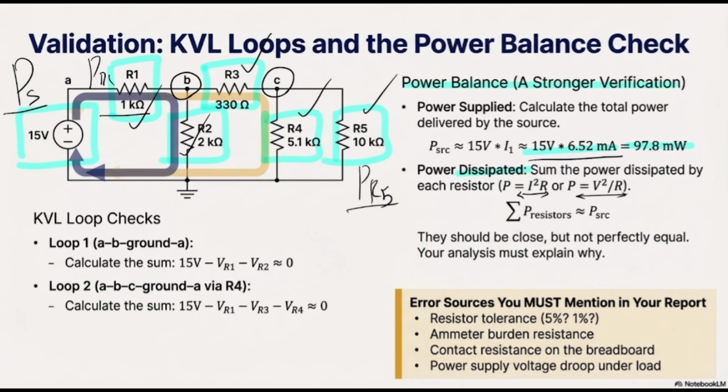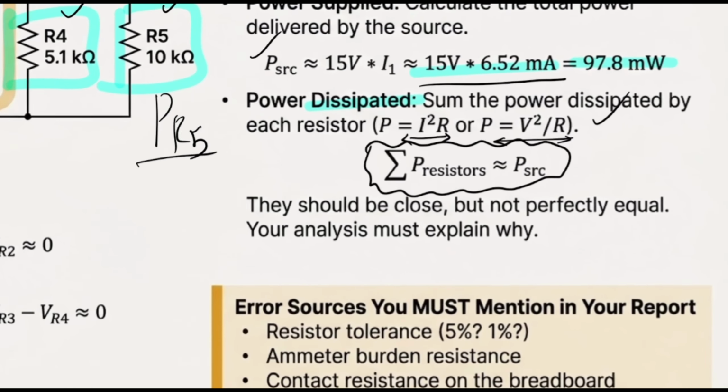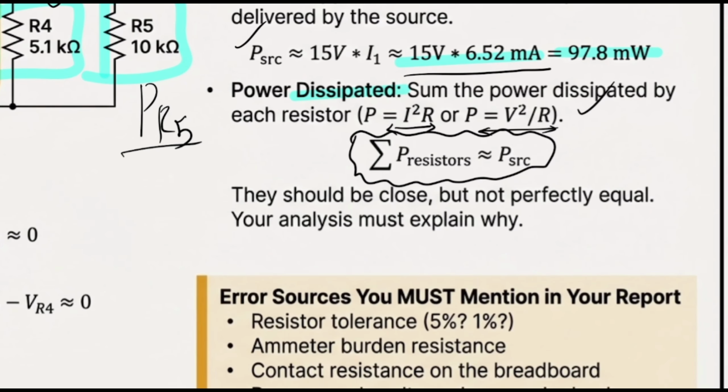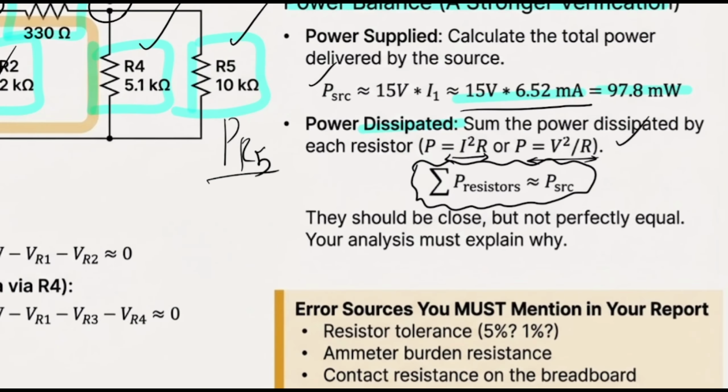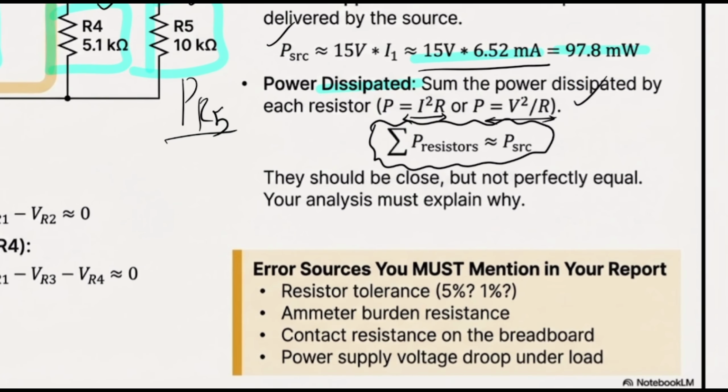So the accumulation of all of the consumed power should be the same as the power source. As you can see, they're not going to be exactly the same because of the problem that we have related to our meters, or maybe because, as you all know, the jumpers or wires also have some resistance, but since it is too small, we don't consider that. With any other kind of errors, we could have a little bit of a problem, but that's okay. We can consider that.